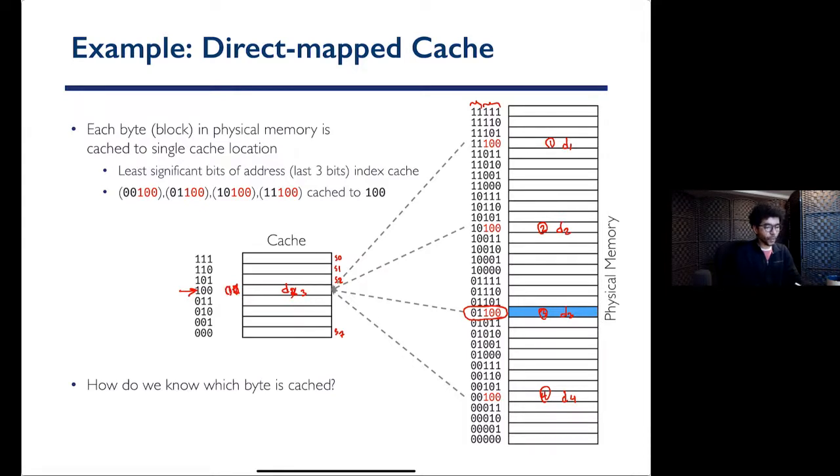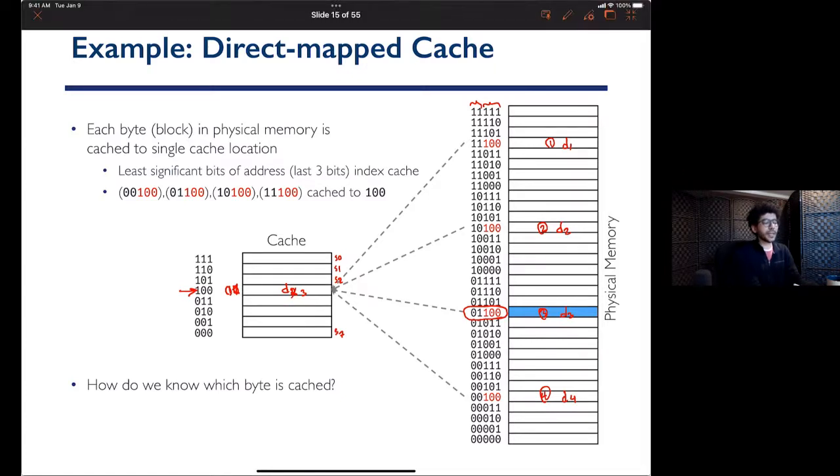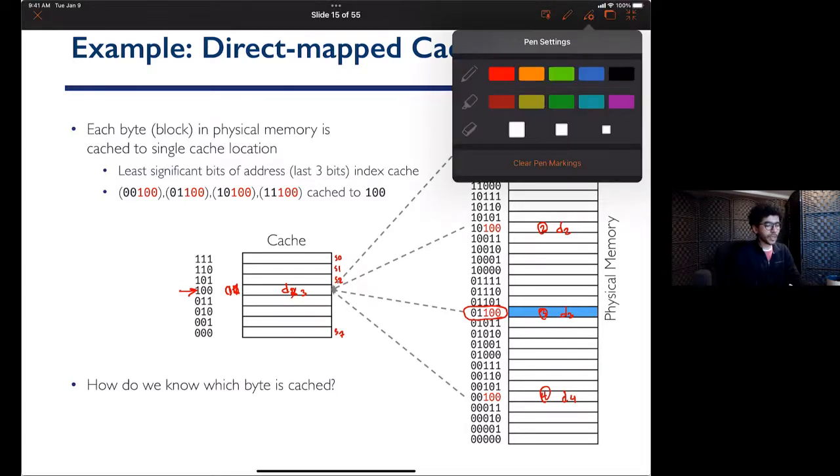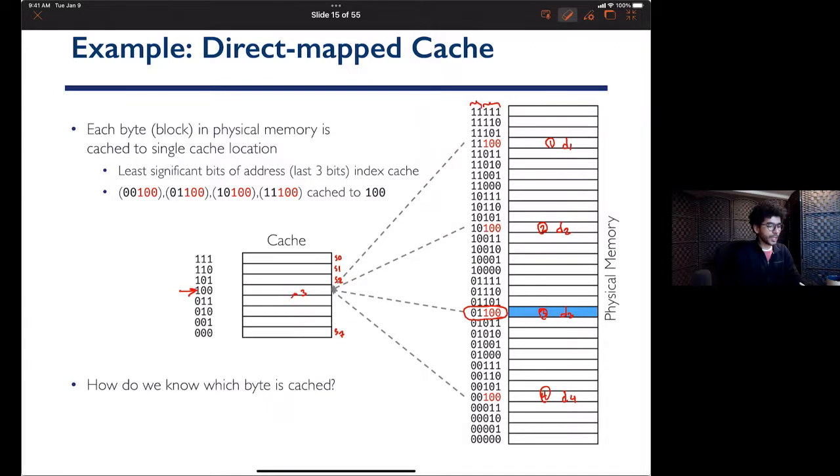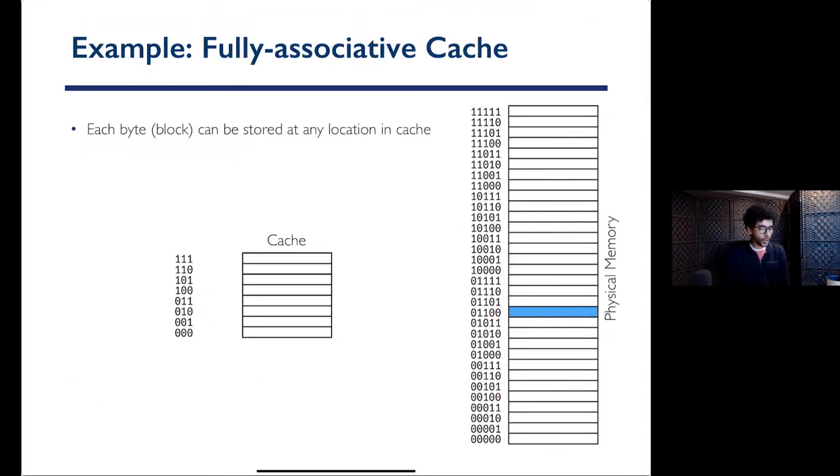And if I have D4, I'm going to tag it with 00. So that's the idea of tagging. That way, I can know which data I'm caching. So basically, that's the idea behind tagging. We're going to add a tag, and for D3, in this example, I'm going to put 01 as a tag. So now let's look at fully associative cache.